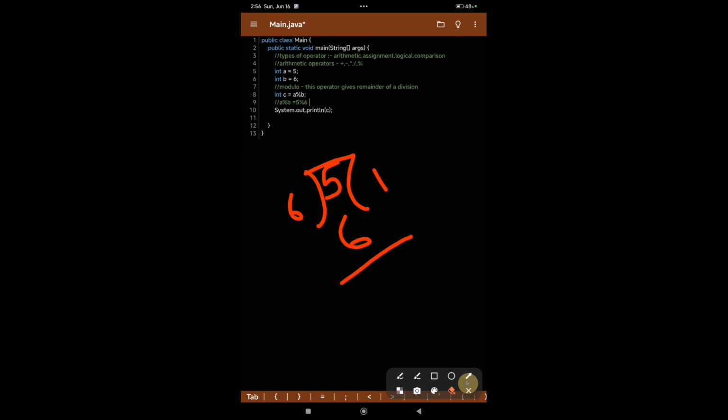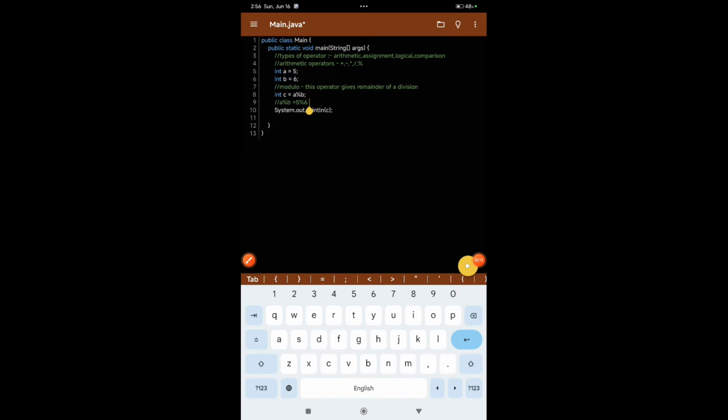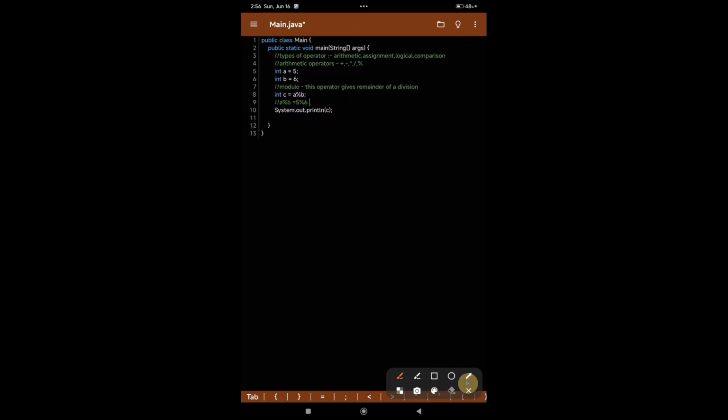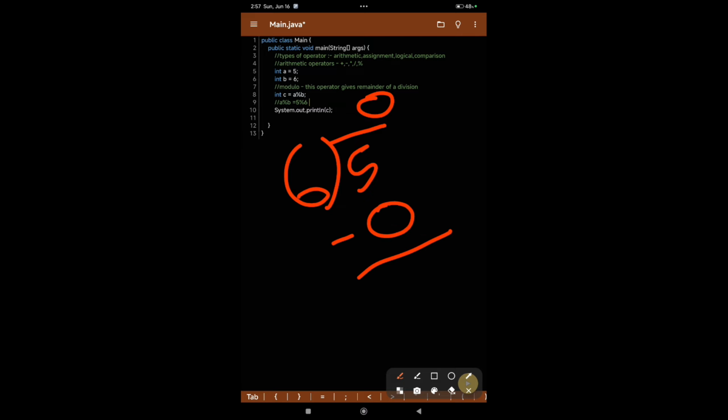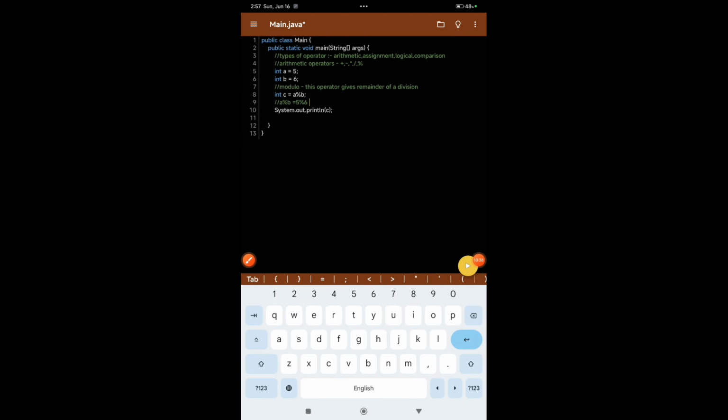So 5 will remain. One more thing: when I divide, the quotient is 0, and 0 multiplied by 6 is equal to 0, and when I subtract it, then 5 will be printed. So 5 is the remainder.